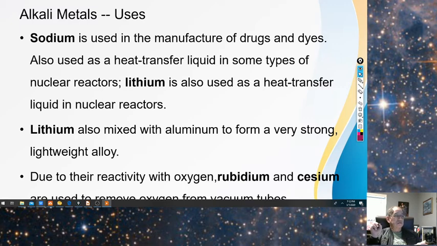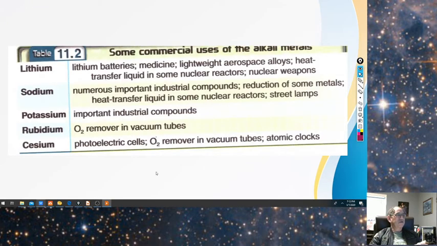Let's see. Don't worry about rubidium and cesium. I'm probably going to regret that. Let's see. Yeah, that's it. I think I got it.